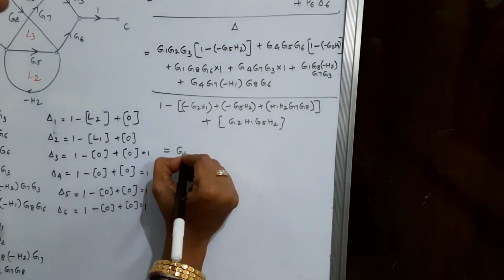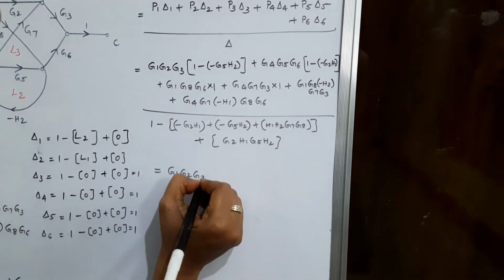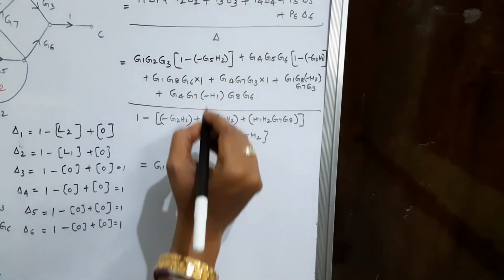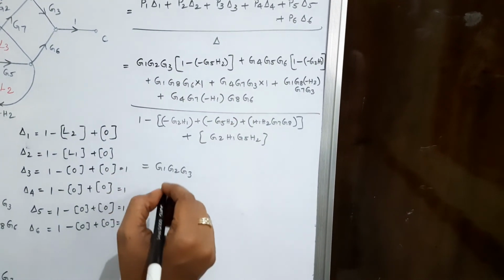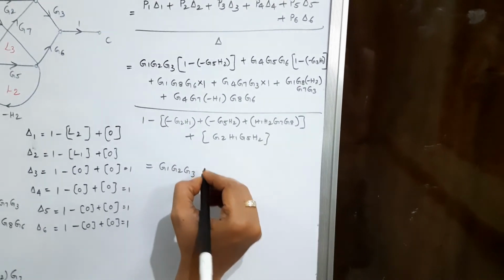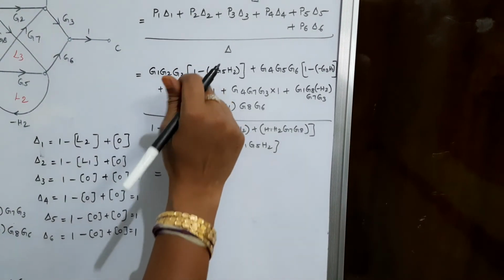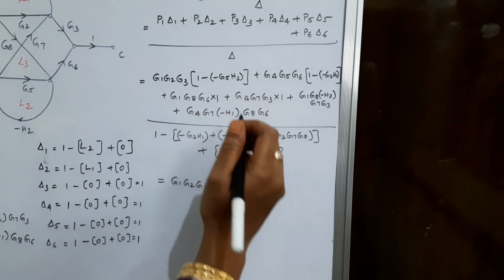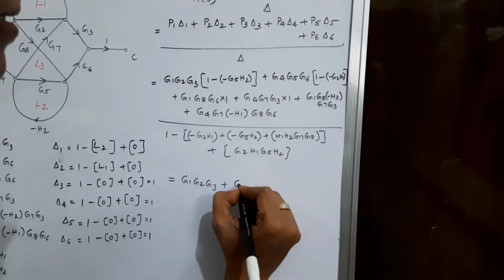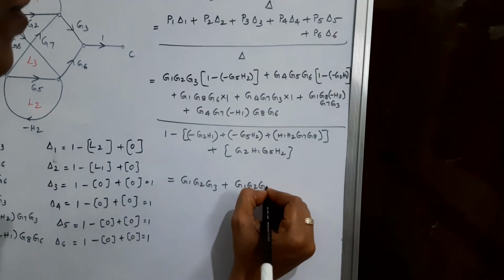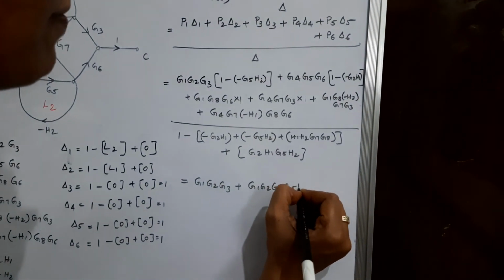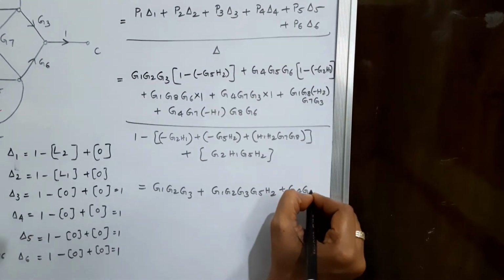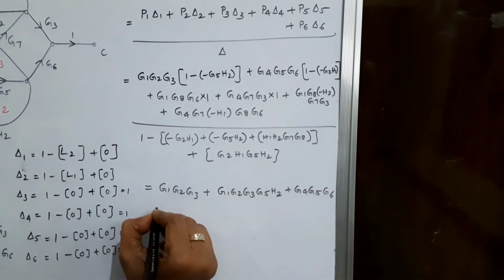I'll just write G1 G2 G3. Anything into 1 is G1 G2 G3, minus into minus it becomes plus here. It becomes plus, then multiply here, that is G1 G2 G3 G5 H2 plus G4 G5 G6.